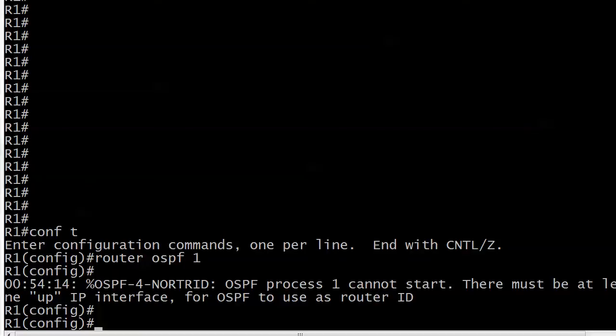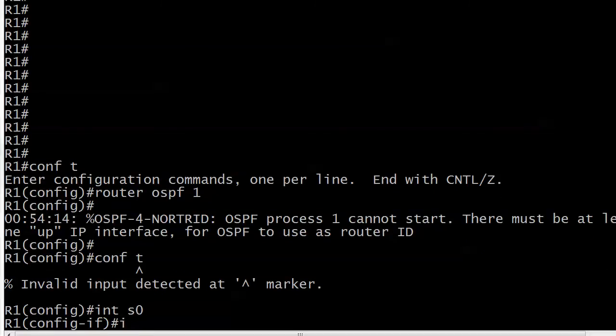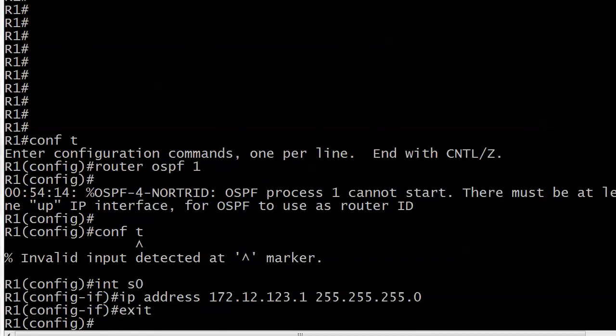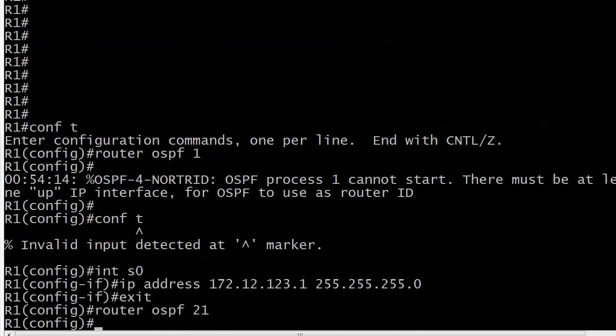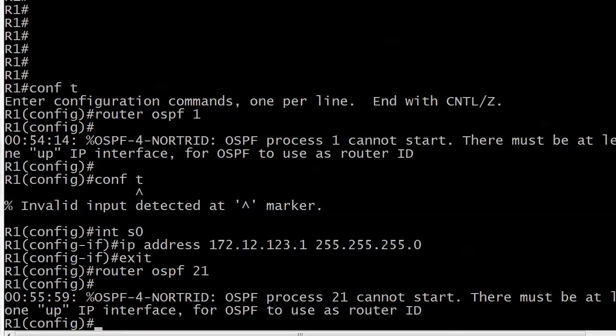Let's go ahead and put an IP address on interface 0/0 here. Zing, there we go. And now, I went to router OSPF 1, and notice that we're being told process 1 can't start.